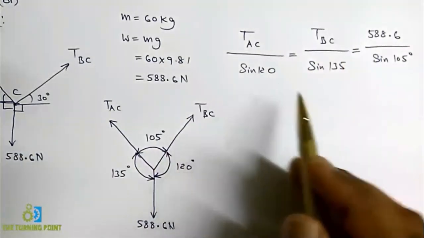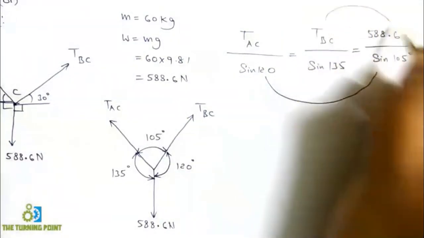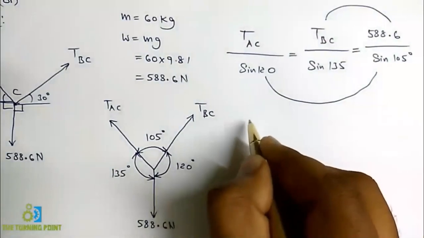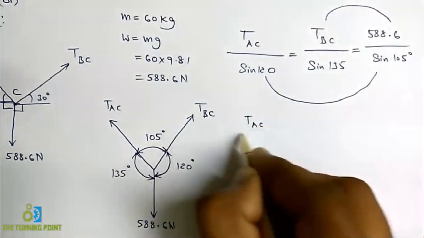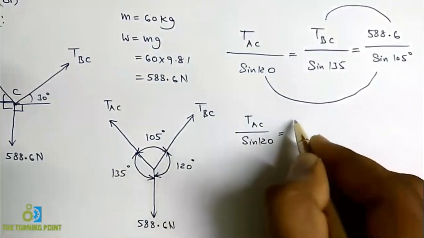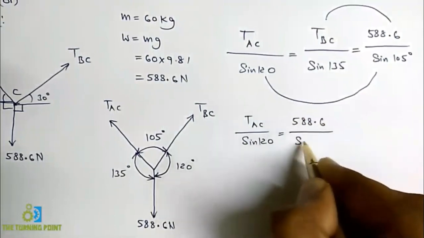So if you want to find TAC, equate these two. If you want to find TBC, equate these two. First I am going to find TAC. So for that I am considering the relation TAC divided by sine 120 is equal to 588.6 divided by sine 105.